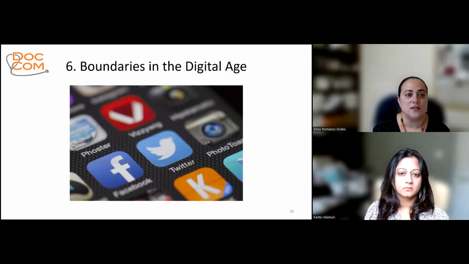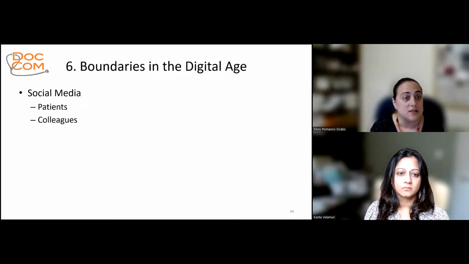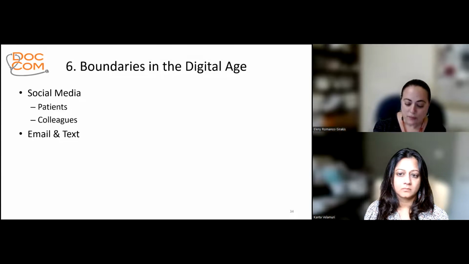So all of these things need to be addressed whenever you're providing any information to patients in terms of your contact. So the boundaries in the digital age, there are a lot of nuances in the digital age and social media. And again, different providers have different practices and comforts, and you have to find what's appropriate for you. But it's important to let patients know when and how you'll be available and set these limits and stick to them. It's also important to be prudent when considering the blurred lines on social media.